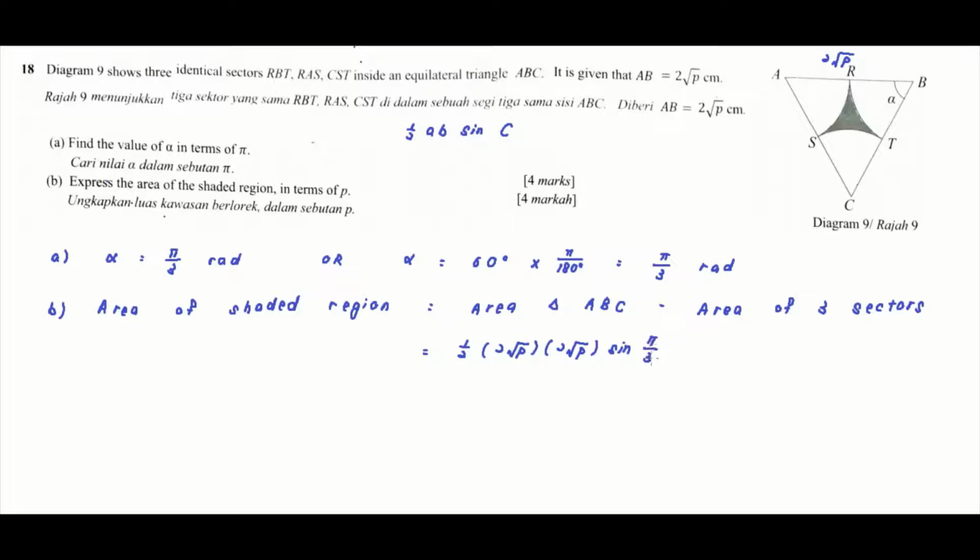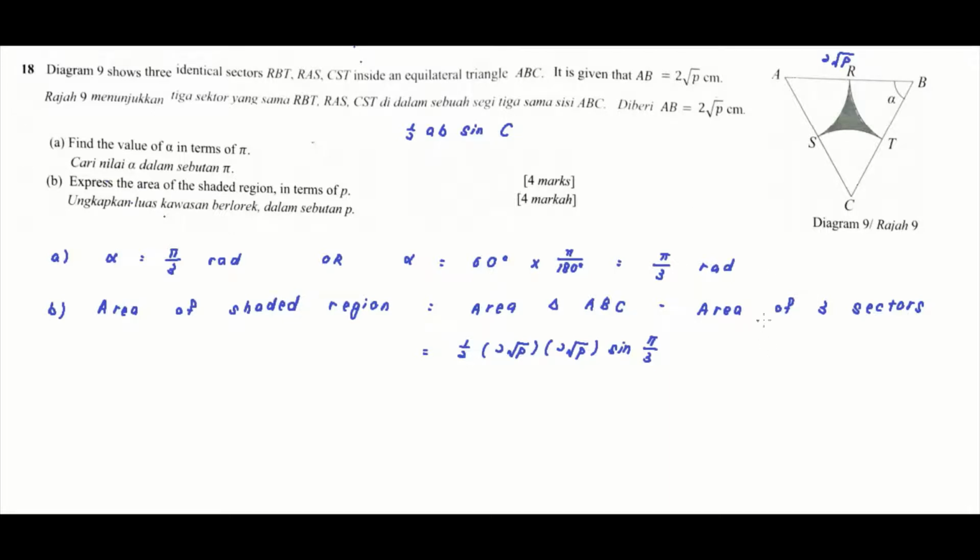Actually, when you use the formula 1 over 2 AB sine C, it's not necessary to use degrees. Just make sure that if you are using radians, your calculator is in radian mode. So you do not need to switch between degree and radian and confuse yourself.